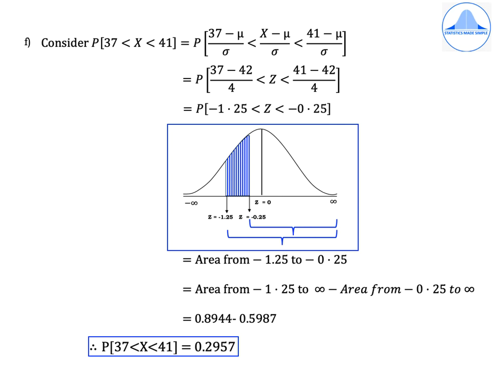So you'll get this step as probability of minus 1.25 is less than z is less than minus 0.25. Always please be careful with the signs when you are simplifying. Now see that both minus 1.25 and minus 0.25 are negative values. So you need to mark both of them on the left side of the curve.